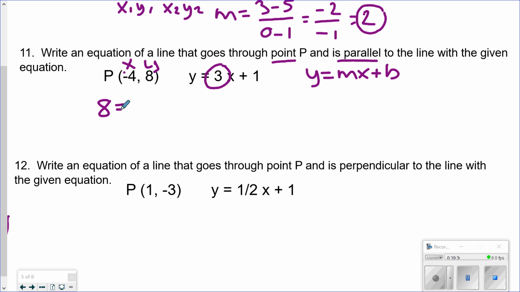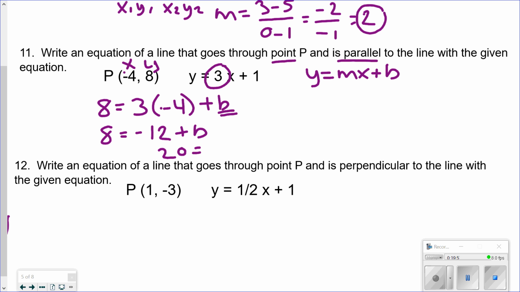M is equal to 3. X is equal to negative 4, plus b. I need to solve for b. So 8 is equal to negative 12 plus b. Add 12 to each side. So 20 is equal to b. So my equation then would be y is equal to 3x plus 20.